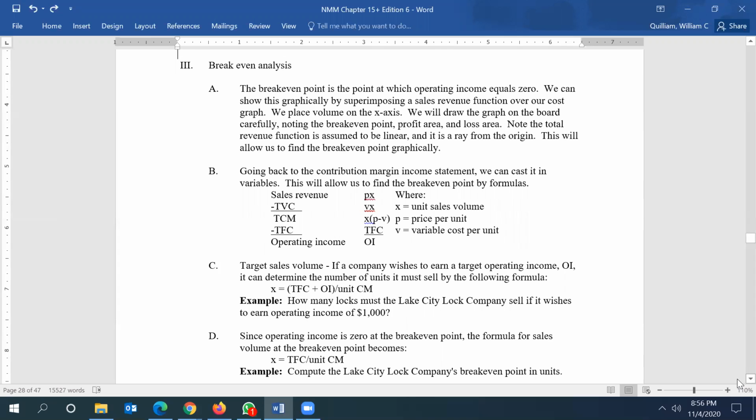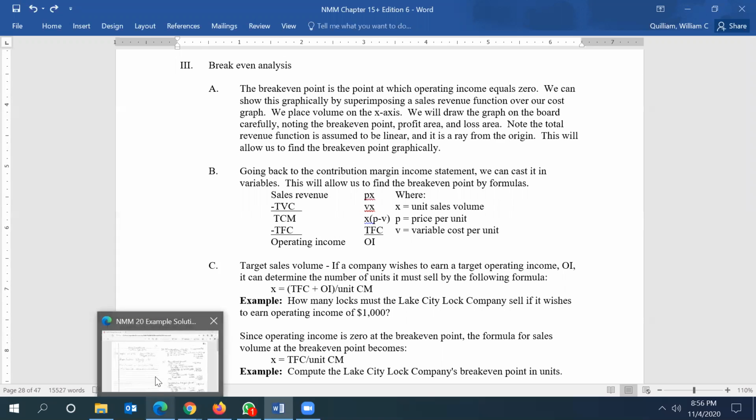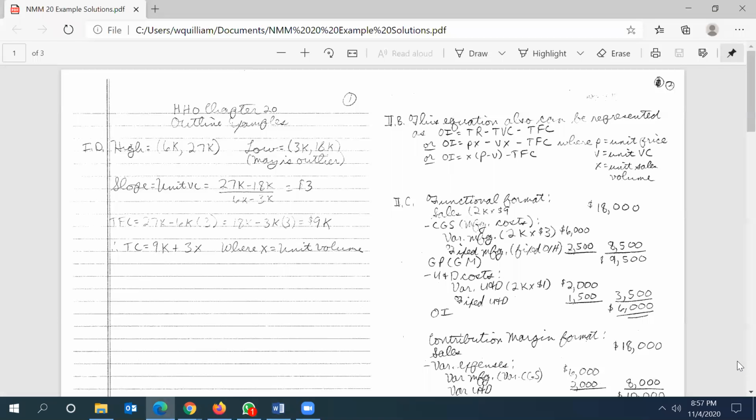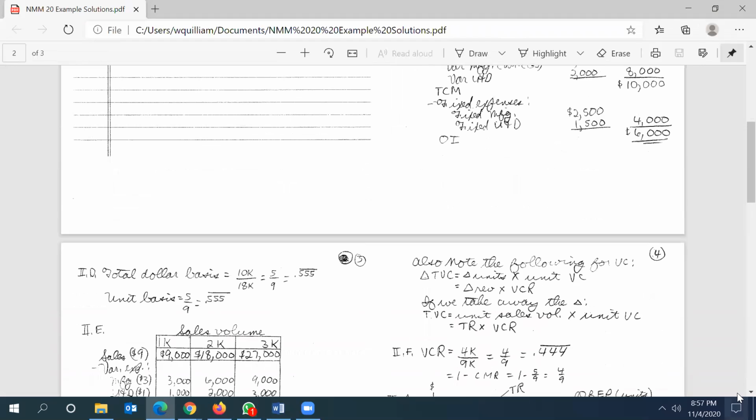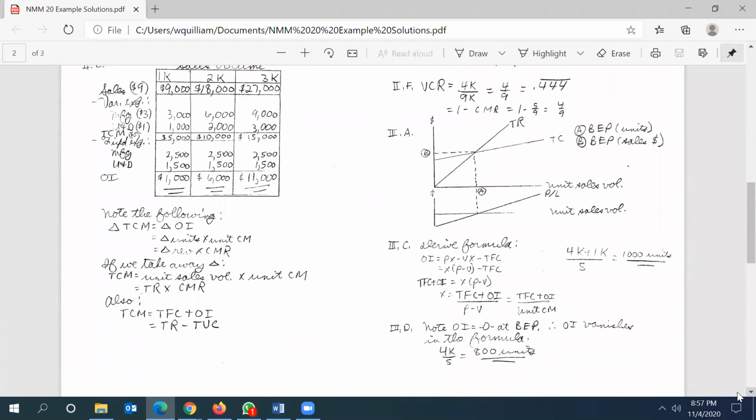And we'll note the total revenue function is assumed to be linear, and it's a ray from the origin too. This will allow us to find the break-even point graphically, and I will show you. So let me go ahead and show you that here on the PDF. It's right here in Roman numeral 3, part A.